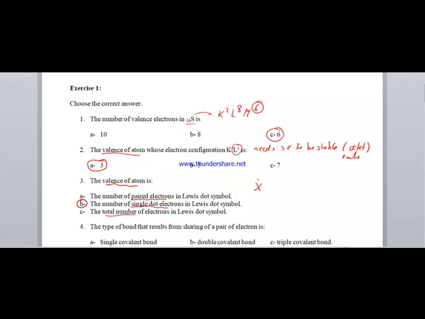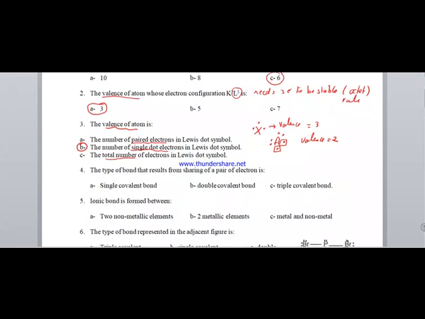For example, if we have an atom X with three single dot electrons, the valence of this atom is equal to 3. If an atom A has the following Lewis dot symbol with 2 single dot electrons, the valence is equal to 2.